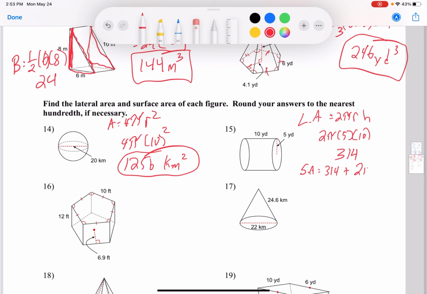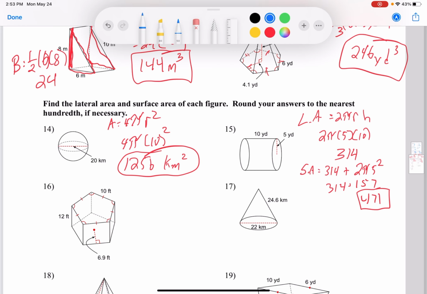So that's 2 times pi 5 squared because it's a circle. So 2 times 3.14 times 5 is 157. Add 314 to 157, and you get 471. And you're done.